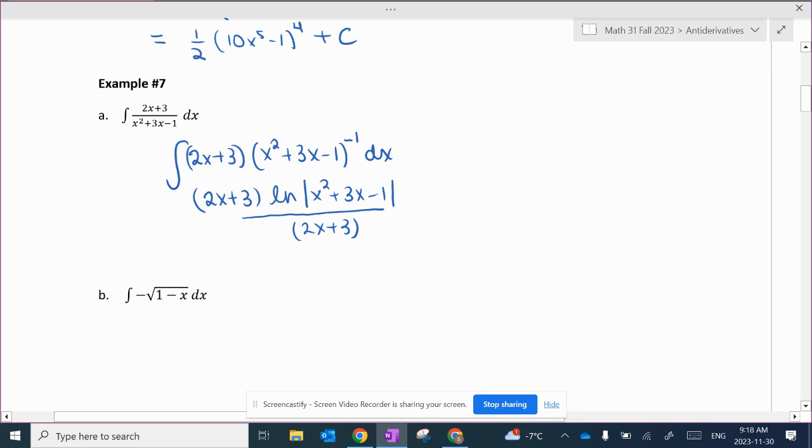If we were working the other way, if we had been differentiating the natural log of x squared plus 3x minus 1, we would have had to multiply it by the derivative of the inside function, right? The derivative of x squared plus 3x minus 1. So in taking the antiderivative, we divide it. And the baby cancels. Baby's gone. So now, here's your answer. Natural log of x squared plus 3x minus 1 plus c.